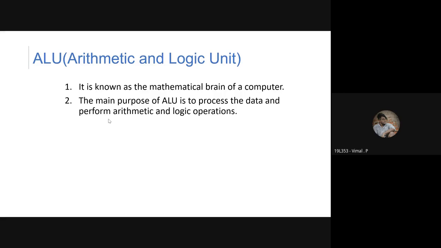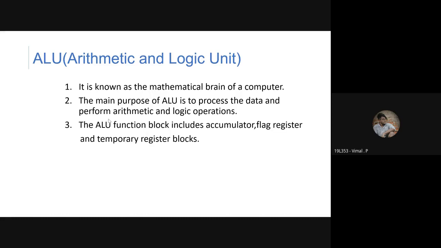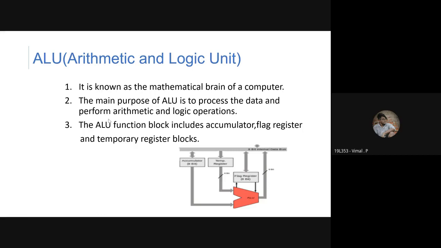In the second point, the main purpose of the ALU is to process the data and perform arithmetic and logic operations. The main blocks of the ALU include the accumulator, flag registers, and temporary register. This is the diagram of the ALU, in which we have the accumulator, temporary register, and flag registers.